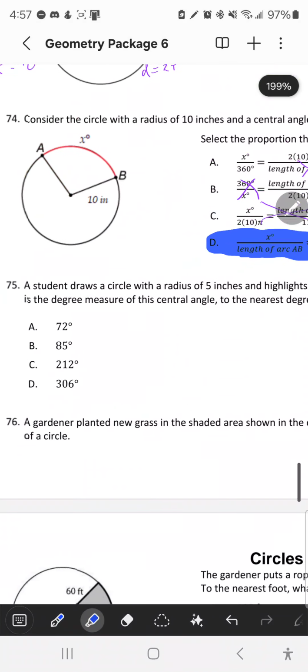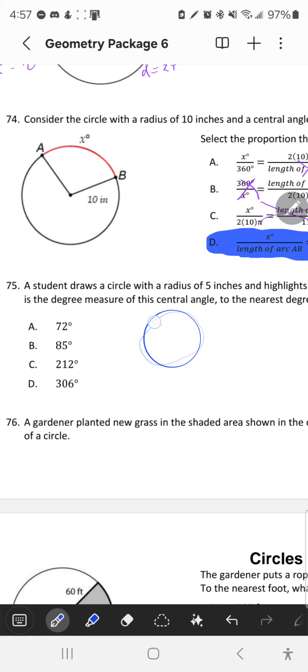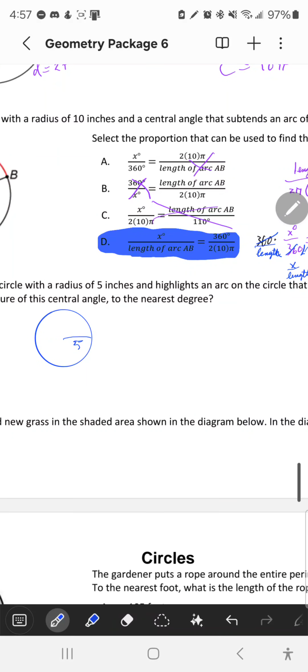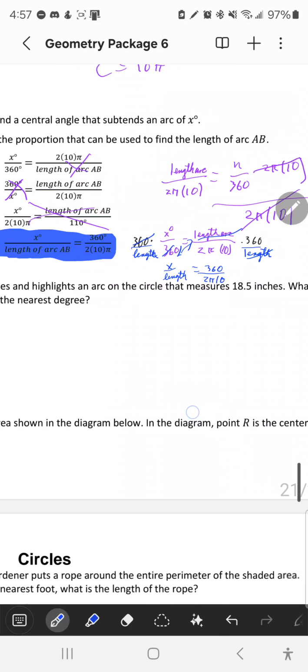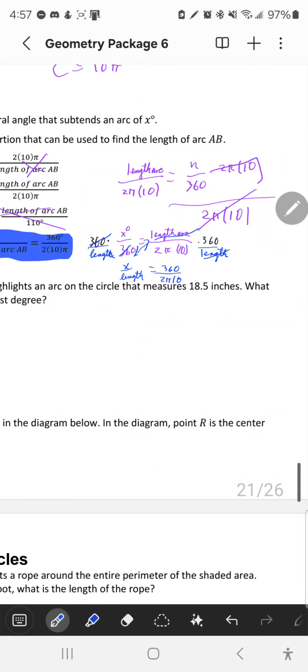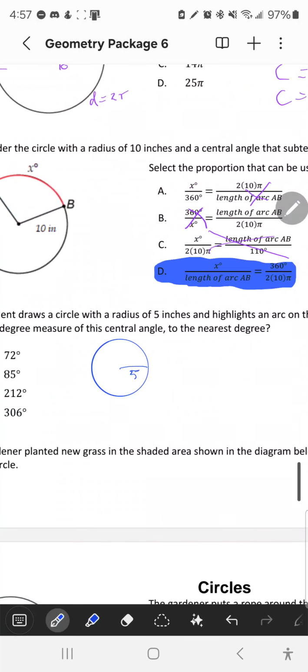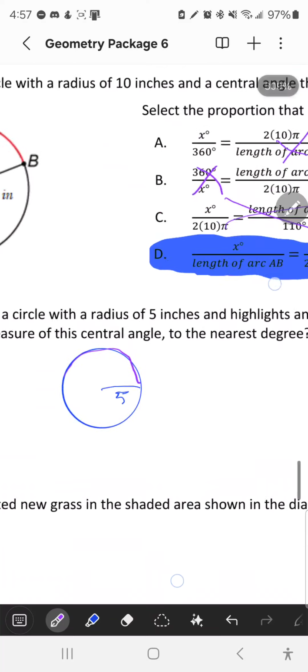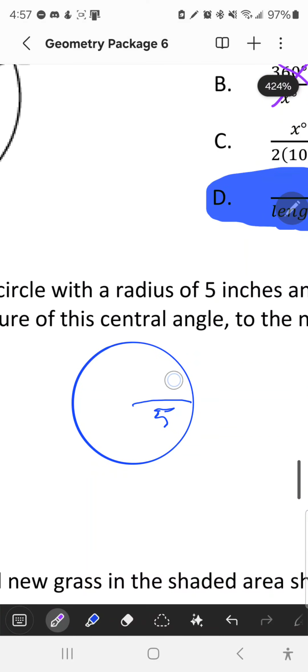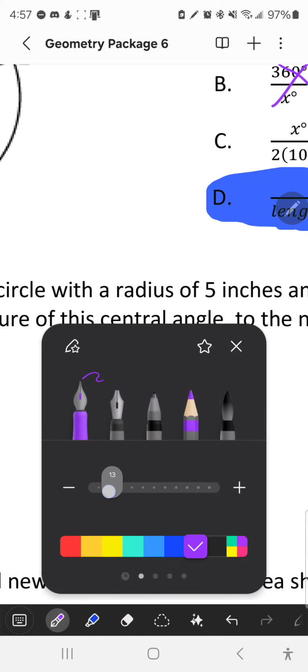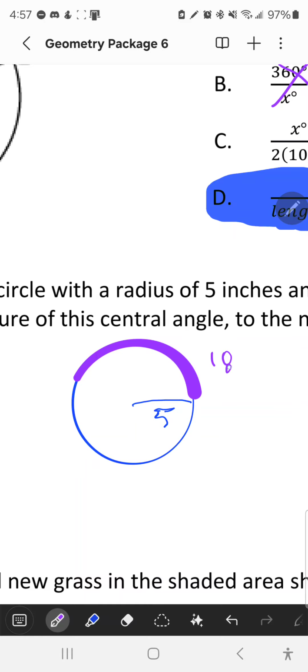Now, let's see this one. Assume there's a circle with a radius of 5 inches. Okay, the circle and the radius is 5. And it highlights an arc of the circle that measures 18.5 inches. I'm going to say that this is totally not to scale, and the arc is 18.5.